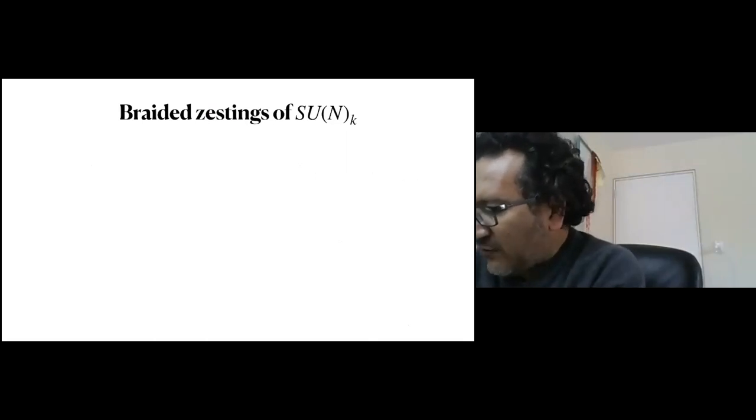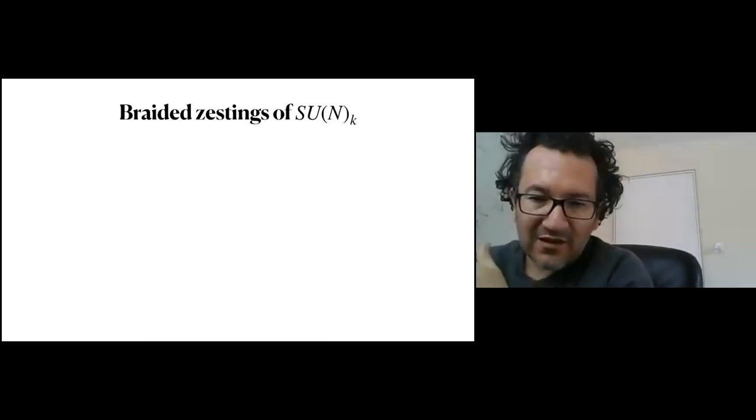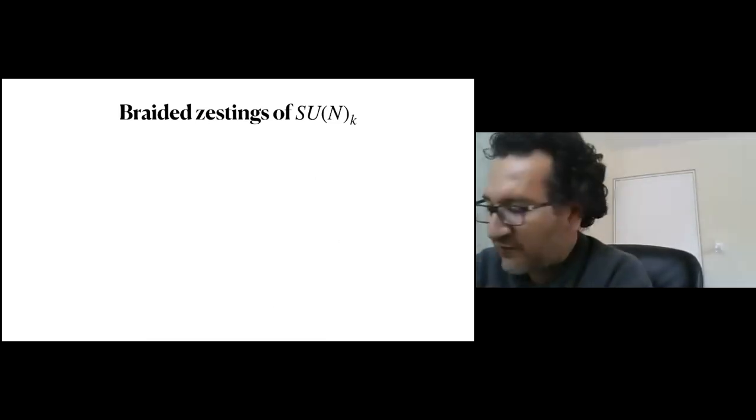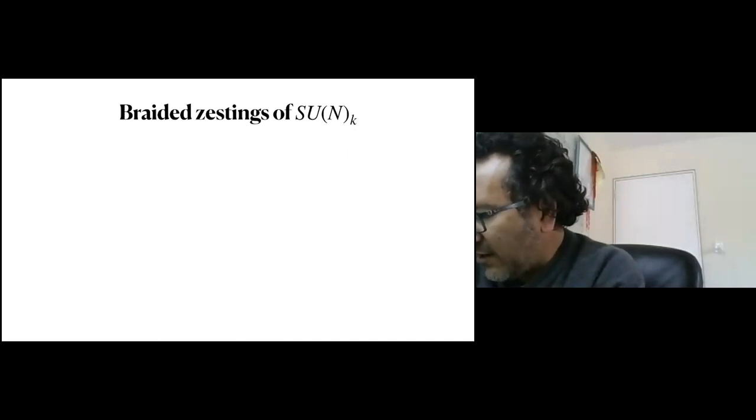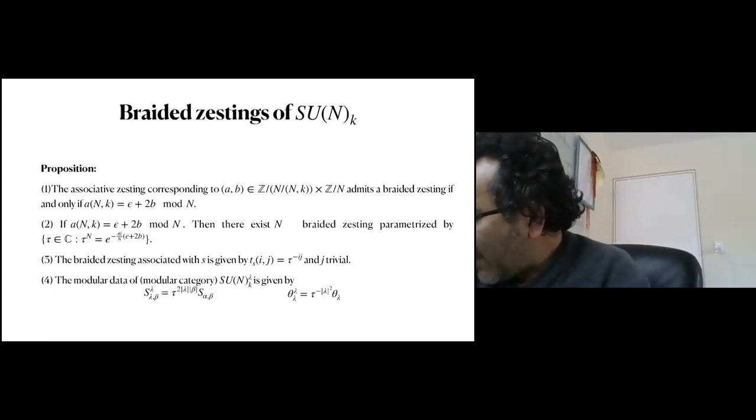And for this particular example of braided zesting for SU(N) level K, we did explicitly, even, to be honest, in the paper we did it for more general cyclic gradings, we computed all possible gradings. And in particular, for this case, we can give explicit formulas of everything. We can say when there exists a braided zesting.